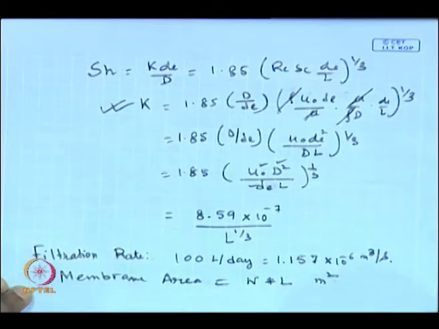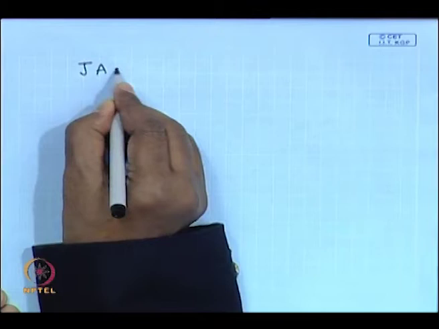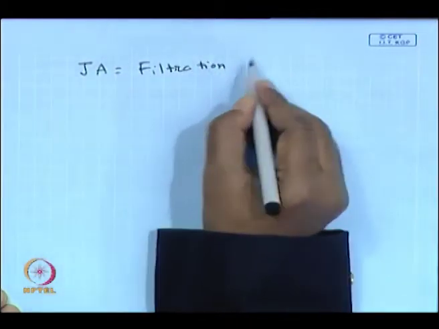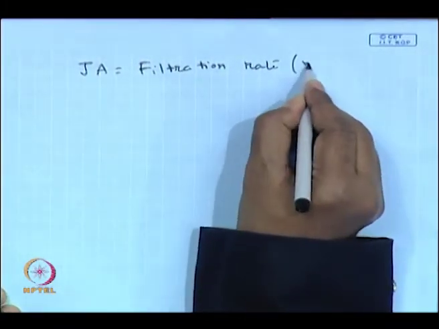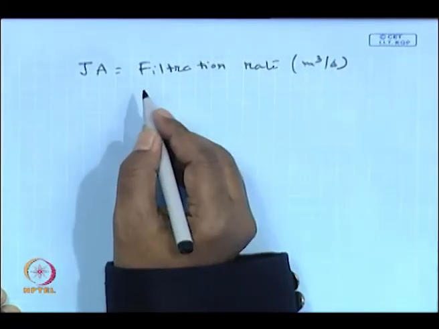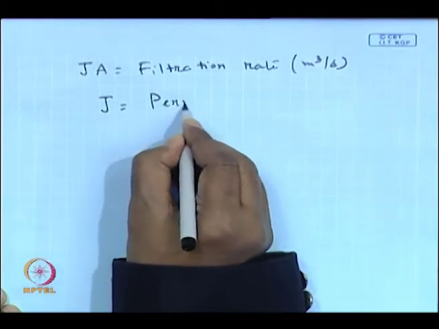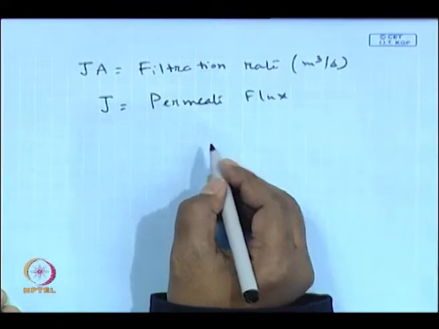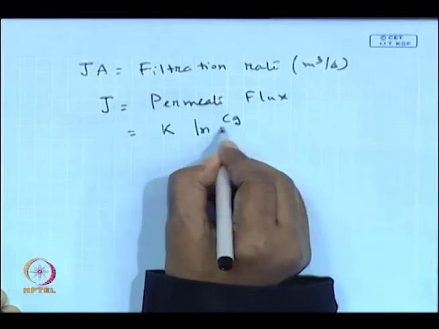Now, J times A will be nothing but the filtration rate, that is meter cube per second. And what is J? J is the permeate flux. For a gel controlled ultrafiltration system, the permeate flux J is equal to K ln Cg by C naught.